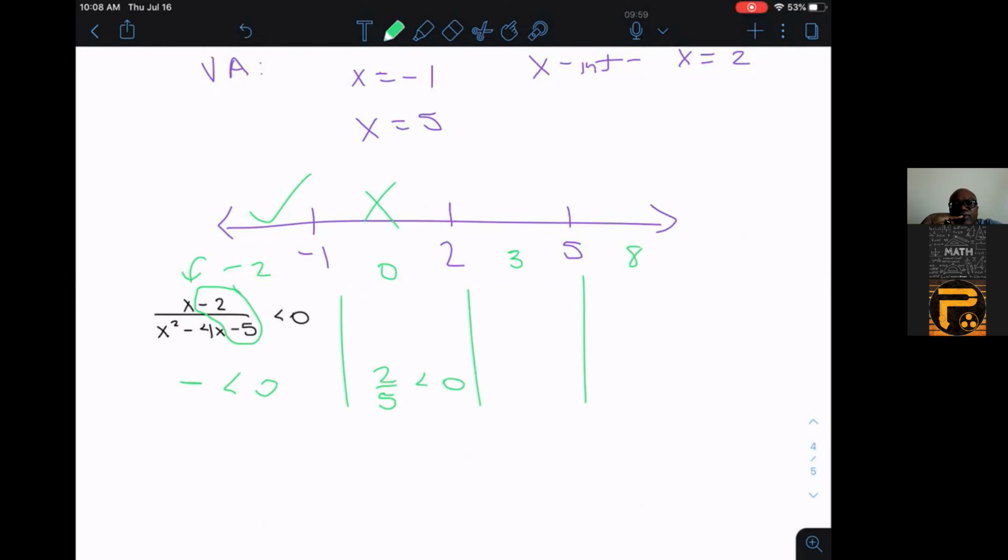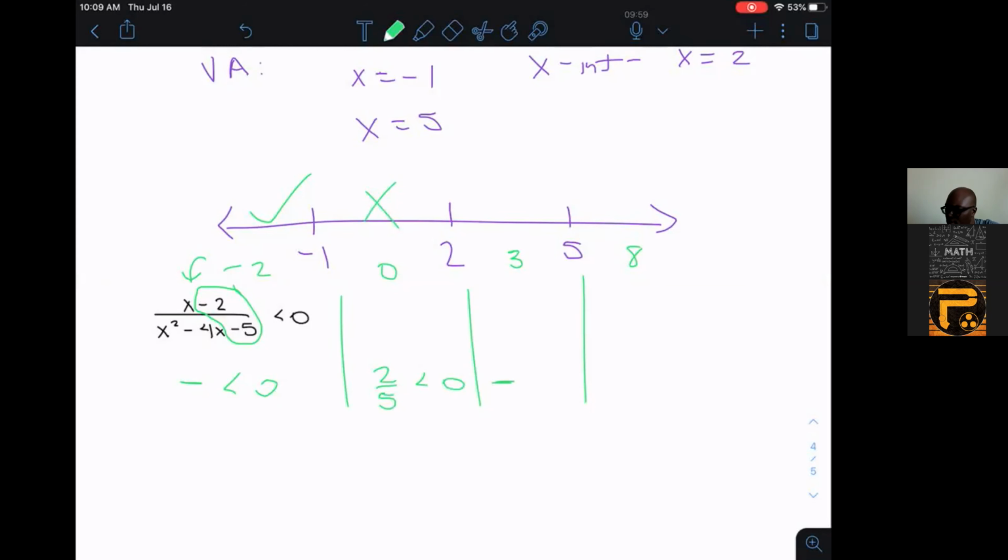So now you have to test any number between 2 and 5. If you plug in 3 into this equation, you get a value, which I'm going to let you do, but you can pick any value. That's actually going to be a negative number.